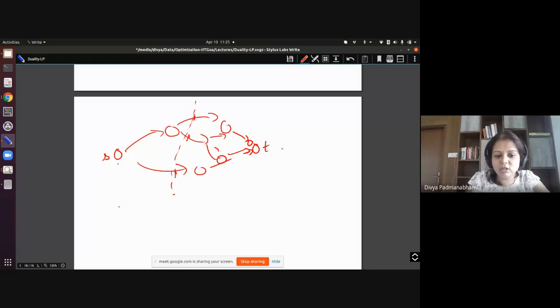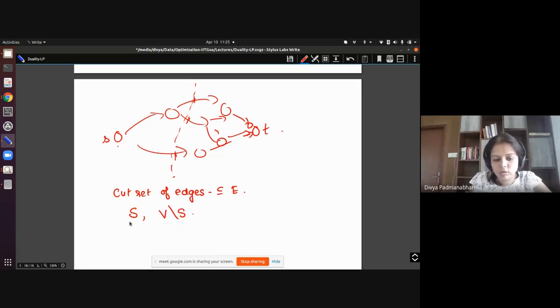The usual way to say it is that there is a cut set of edges, which is a subset of E. This cut set also induces two sets: a set S and another set V minus S. The small s vertex will be part of the set S and the T will be part of the other set.